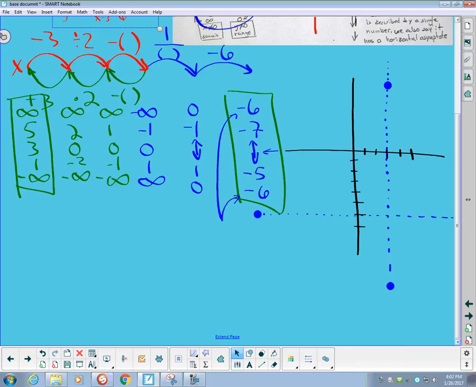And then we can plot our other points. We've got a point at 5, negative 7. That is about there. We've got a point at 1, negative 5. So over 1, down 5.